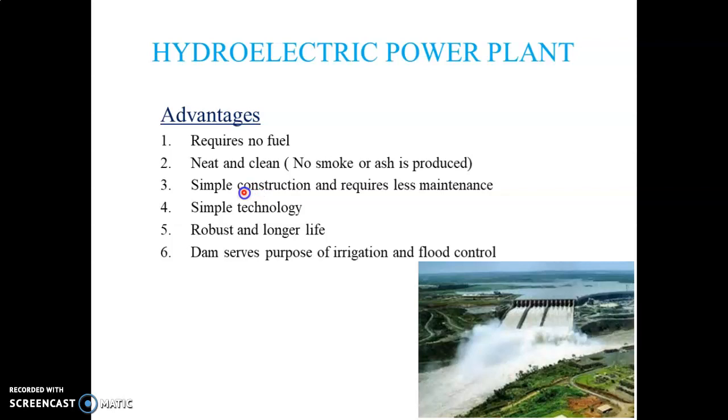Construction is simple with less maintenance, simple technology, robust and longer life. The dam also serves the purpose of irrigation and flood control. After the generation of electricity, the released water can be used for irrigation purposes.